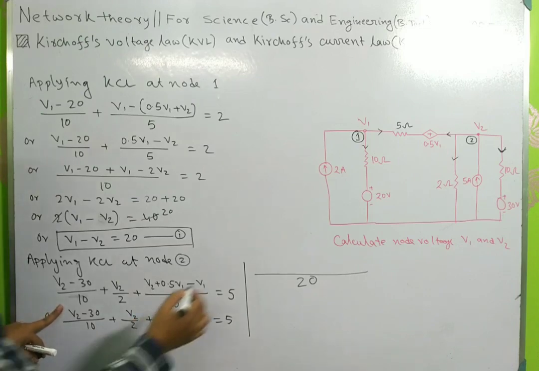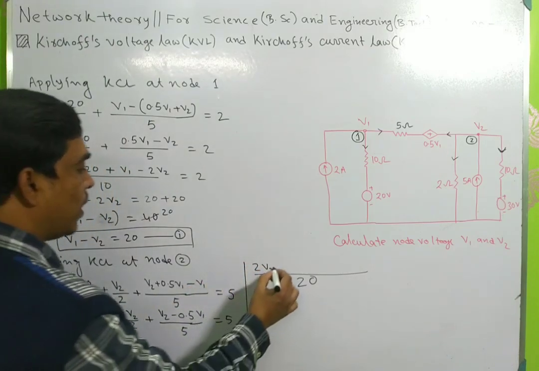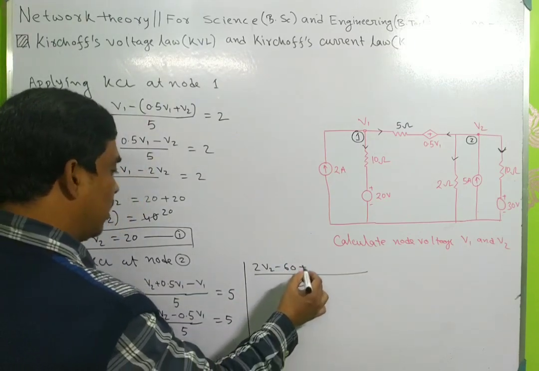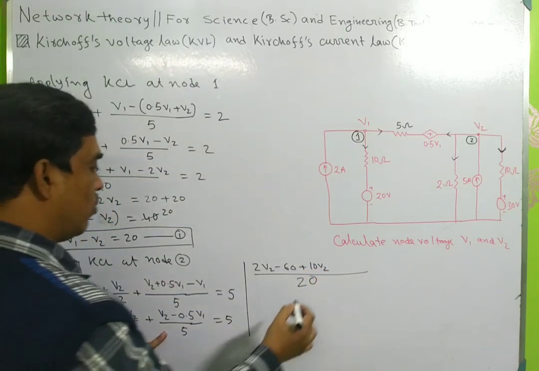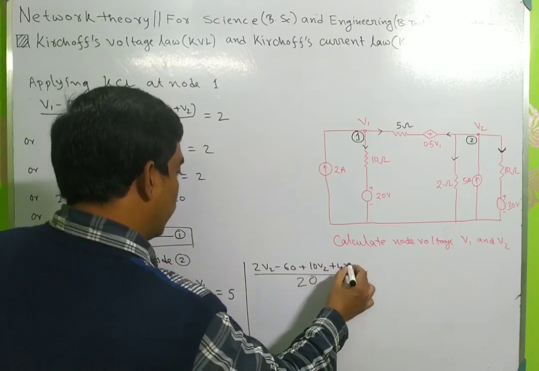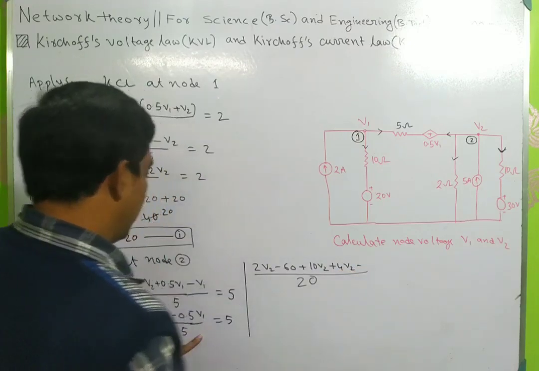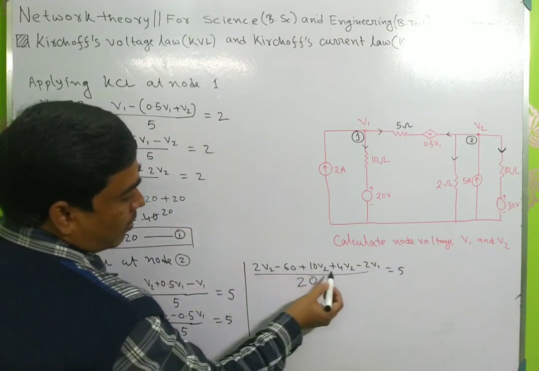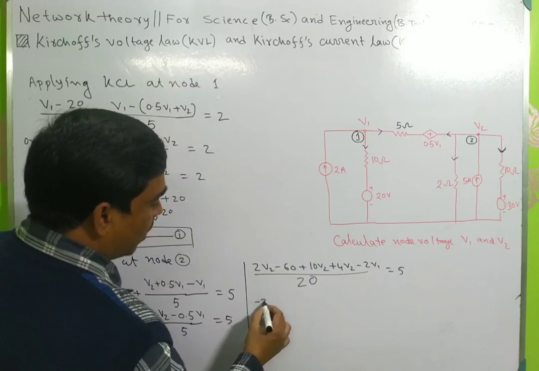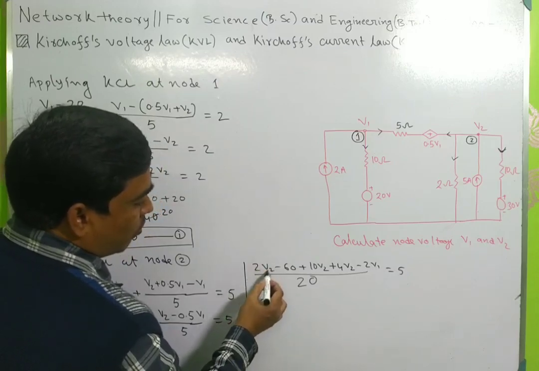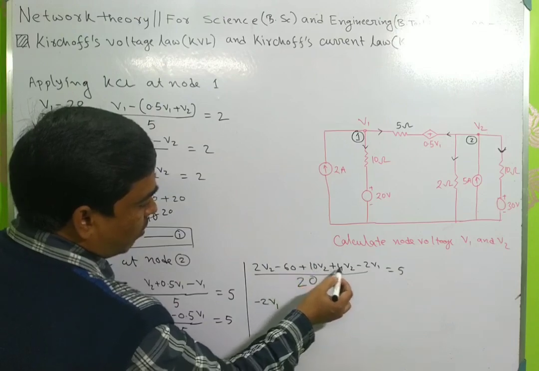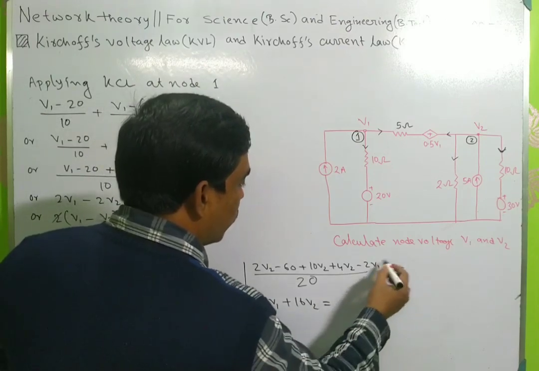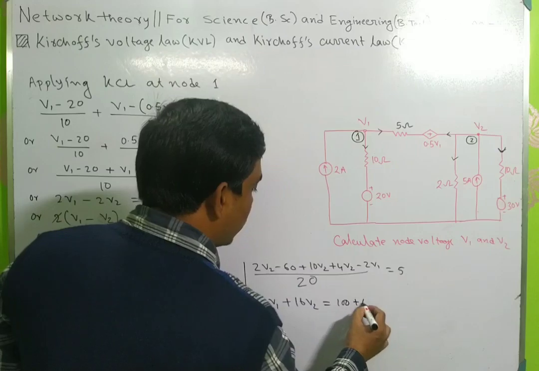So 20 means 2 V2 minus 60 plus 10 V2, it will be 4 plus 4 V2 minus 2 V1 equals 5. So V1 is minus 2 V1, V2 is 2 V2 plus 10 V2 plus 4 V2, that means 16. So minus 2 V1 plus 16 V2 equals 100 plus 60.